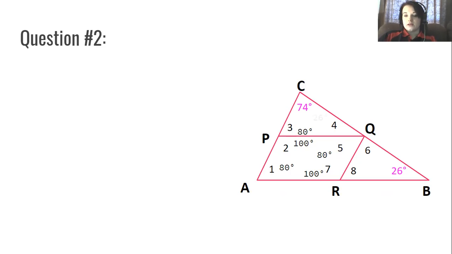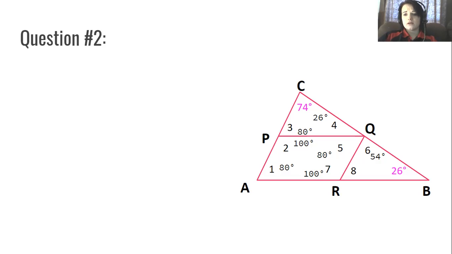And now we can pretty much solve for 6, because we have angle 4, we have angle 5, we don't have angle 6. And we know that all 3 of them, when added together, are going to make up 180 degrees. So we can add 80 and 26, and subtract that sum from 180, and that's going to give us 54.